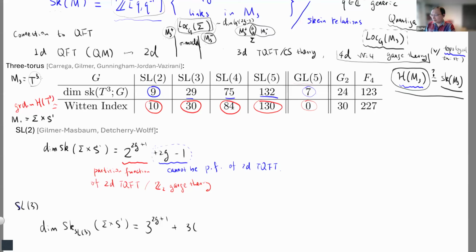So for T3, what are the generators? They are given by inserting or not inserting along this direction, this direction, and this direction. So that's 2 to the 3, equal to 8.